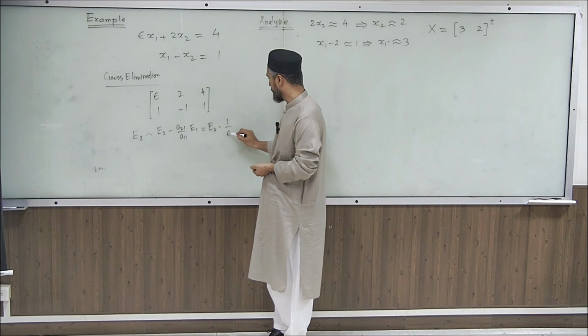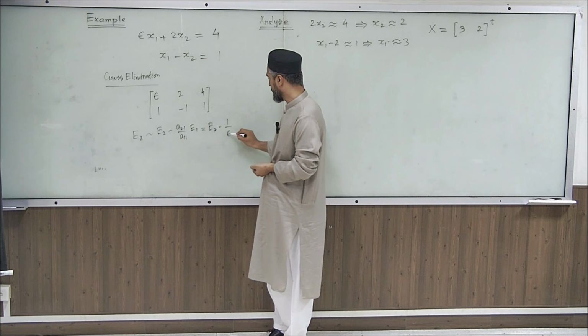If we do such an operation, the first element of E2 is 1 minus (1 over epsilon) times epsilon, so epsilon will cancel and 1 minus 1 is 0. So the new row will be 0, then minus 1 minus 2 over epsilon, and then 1 minus 4 over epsilon.